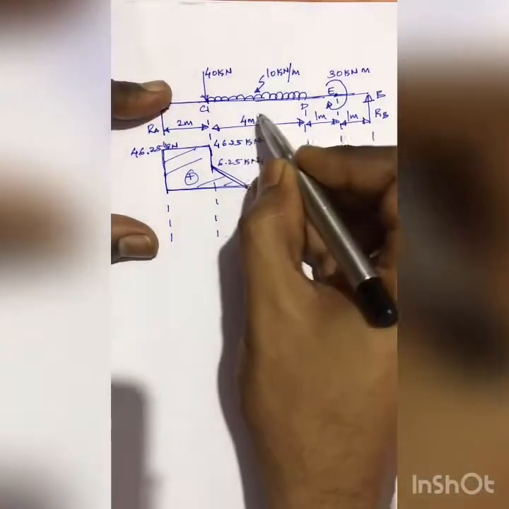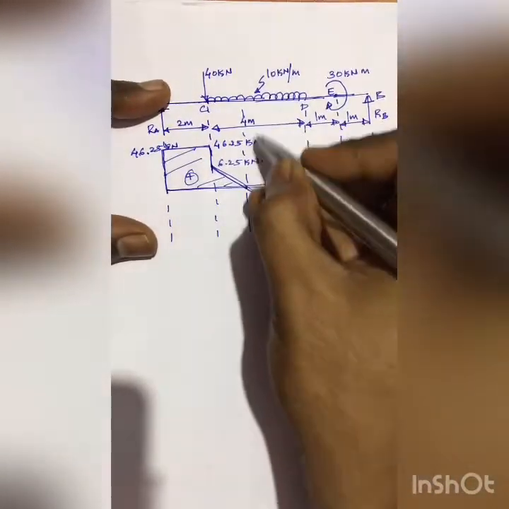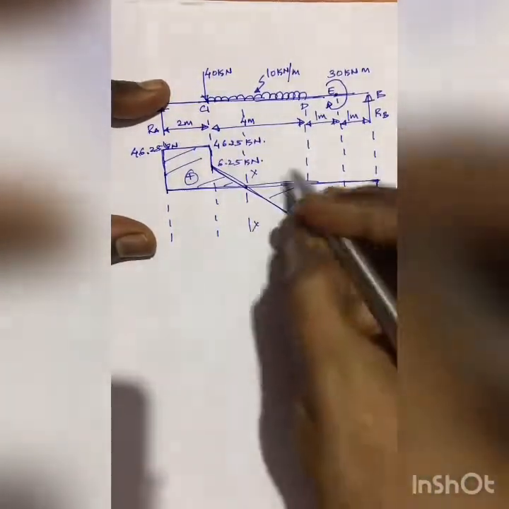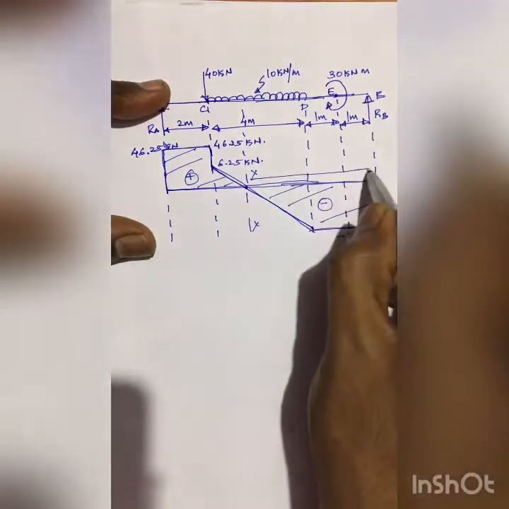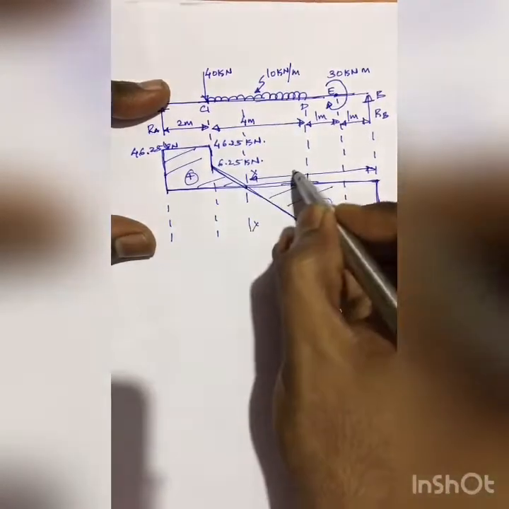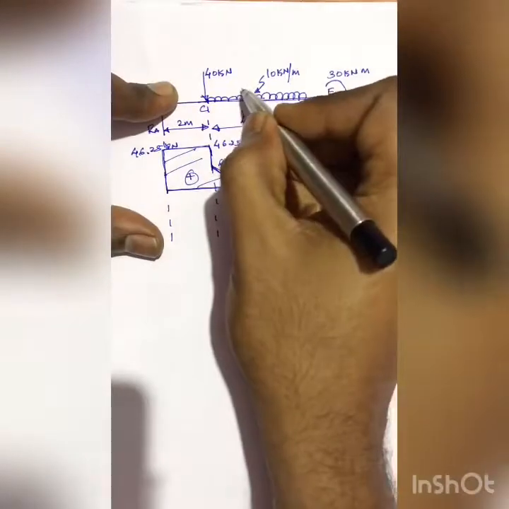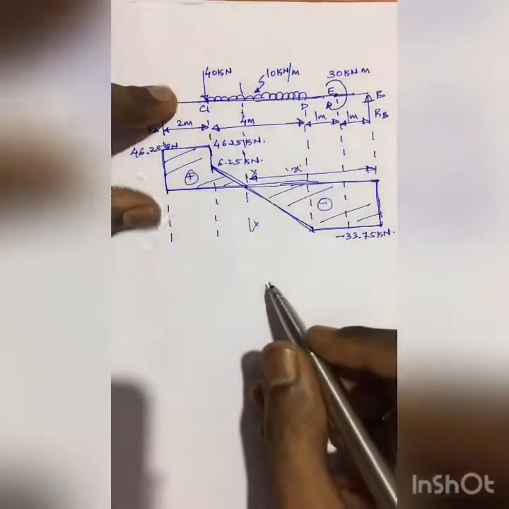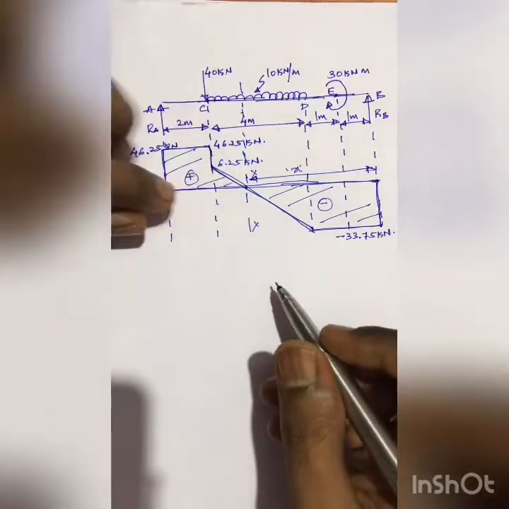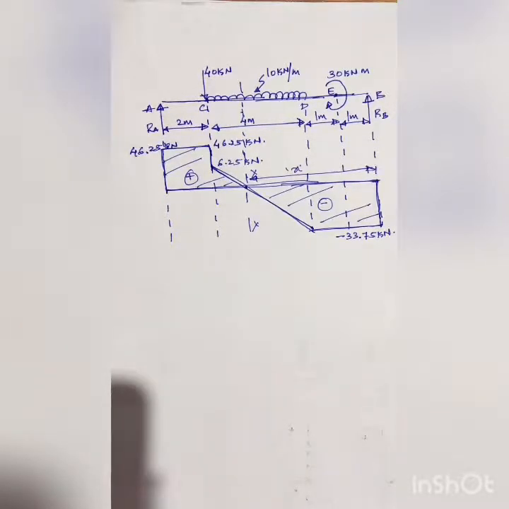Let this be section XX at a distance of X from the right hand side. It is somewhere here. Now we know that shear force at XX is 0.